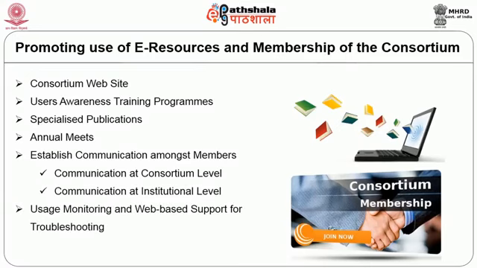Usage monitoring and web-based support for troubleshooting. Electronic Resources Access Management System, also known as ERAMS, should be developed that helps users to log their complaints and offer their comments regarding usage of e-resources.